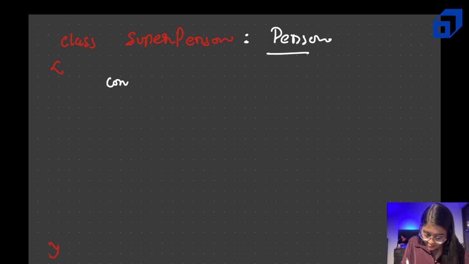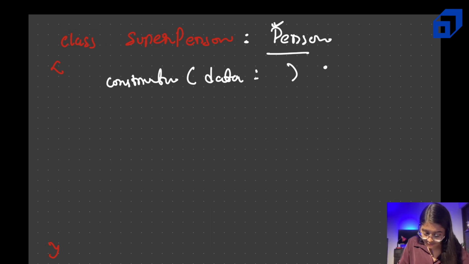So if I want to use the constructor of this class, then maybe I want here data of type something, and then super is the keyword that you have to use here. That's all you have to do.